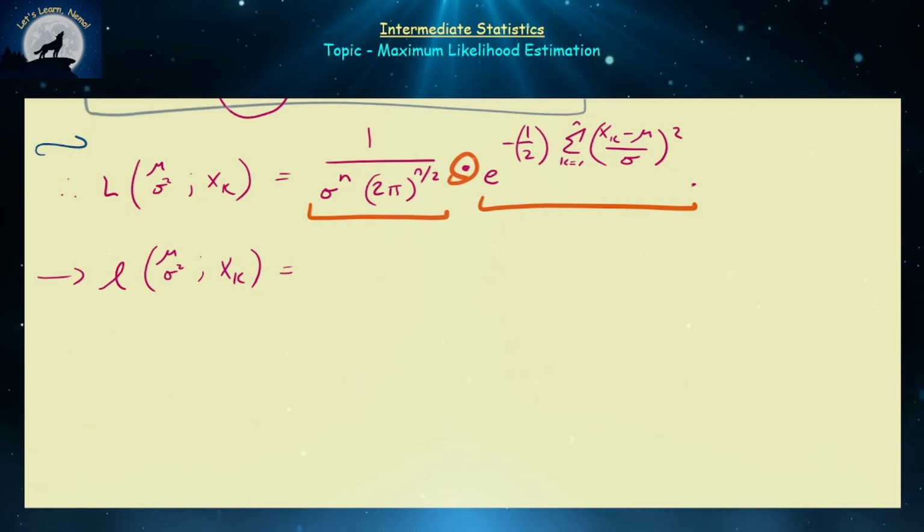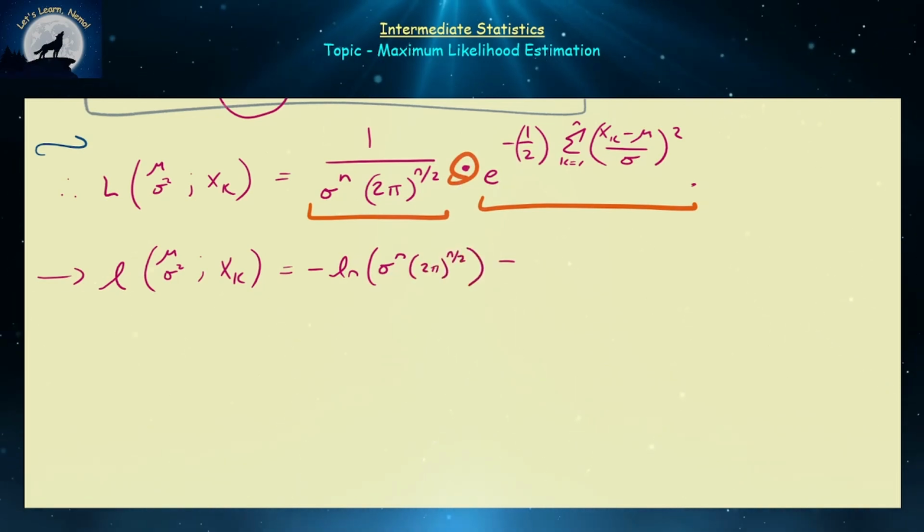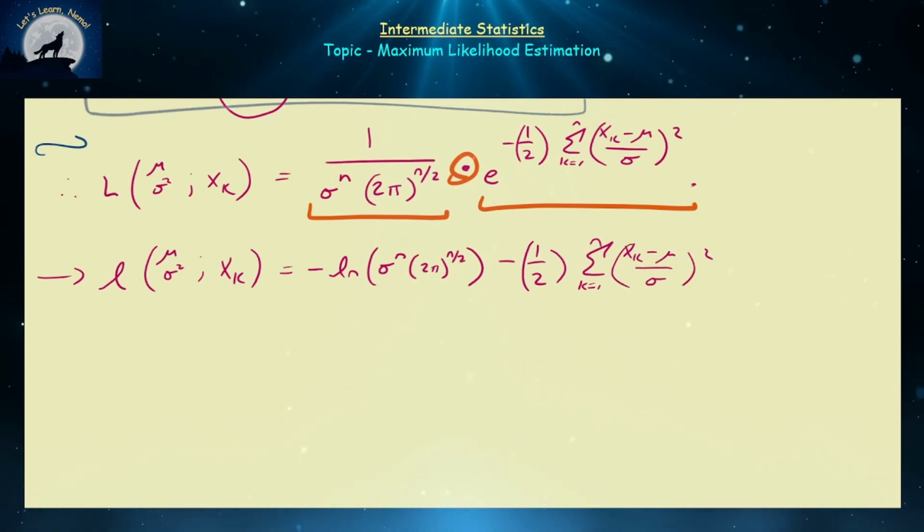Since this is the bottom to the power of -1, technically speaking, then we can write this as negative natural log of sigma to the n, 2 pi to the n over 2, and then we're going to have a minus 1/2, so that's the natural log of e cancels, of the sum from k equal to 1 to n of xk minus mu over sigma squared.